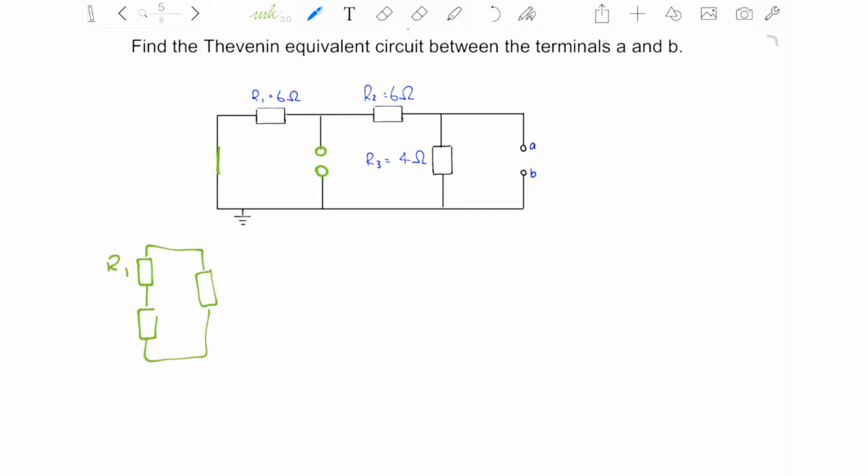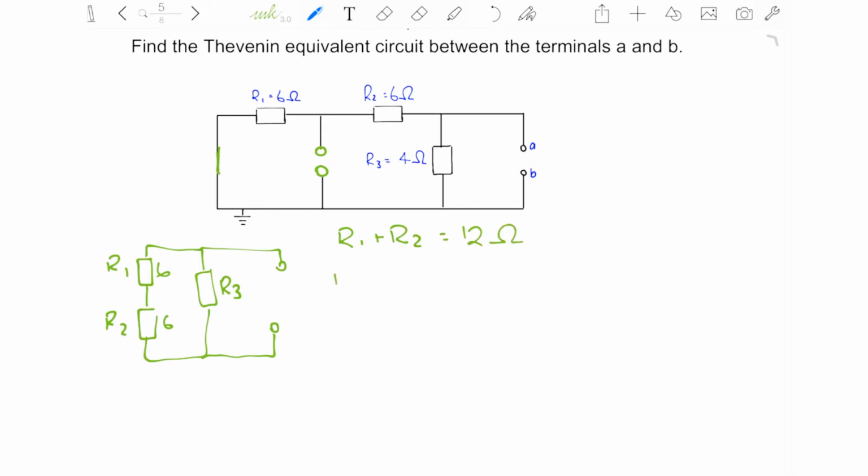Once we have done that, you can see that if I redraw this circuit for simplification, R1 and R2 are in series, and then they are in parallel with R3 in terms of the terminals A and B. So to calculate the Thevenin resistance, I would add R1 and R2. In this case, it's 12 ohms.